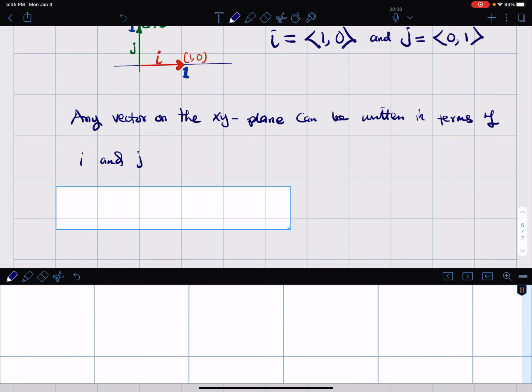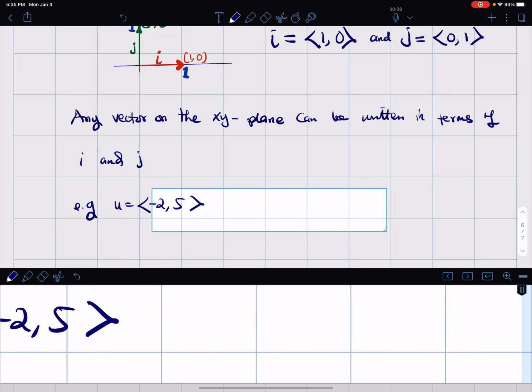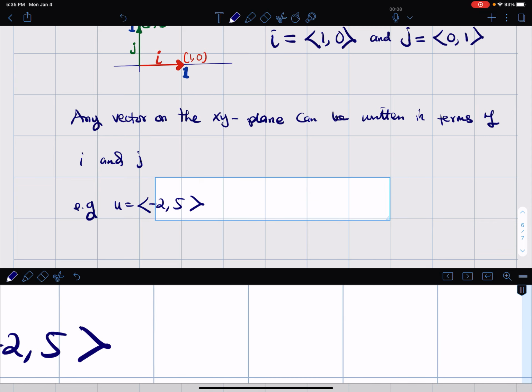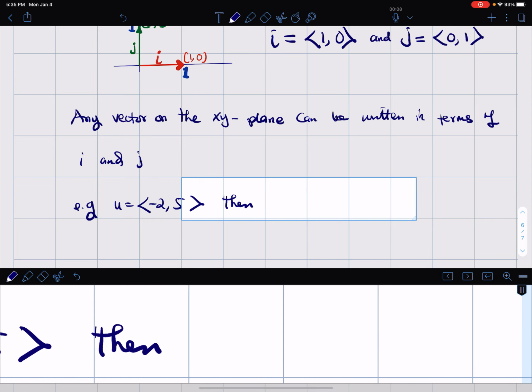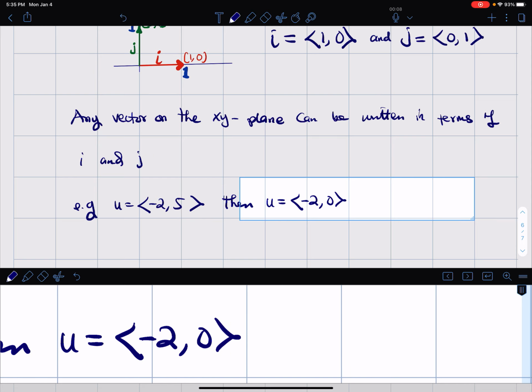If you have the vector u, and let u be equal to (-2, 5). This is the vector (-2, 5). Now look at this. We can write u as (-2, 0) plus (0, 5).